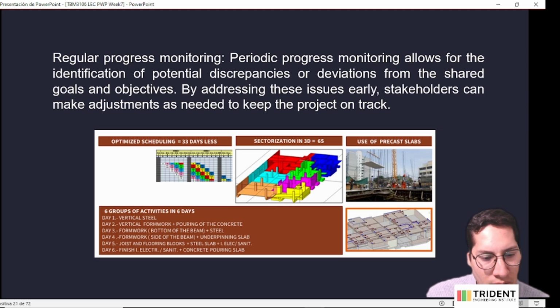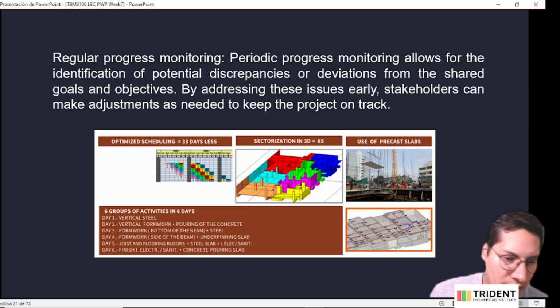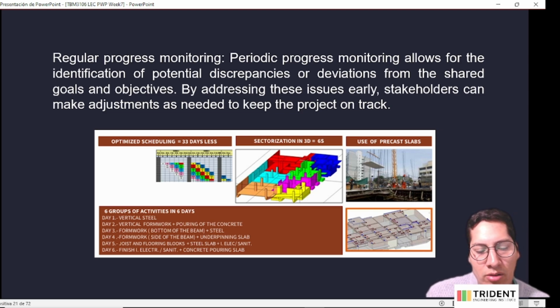Day 6, you have the finishes of the electrical, the sanitary, and you check the quality. And finally, you have the concrete pouring for the slab. As you can see, they organized this in 6 days, and they made this floor in six days.